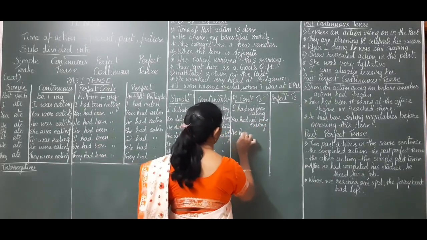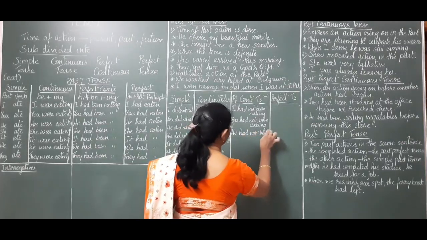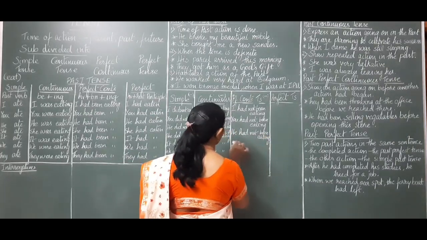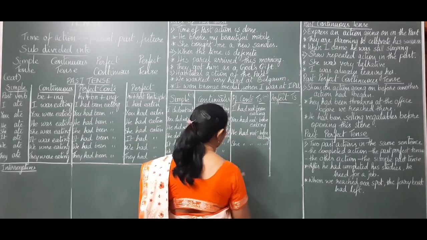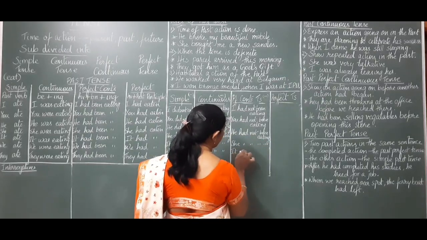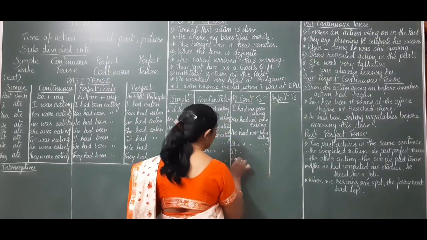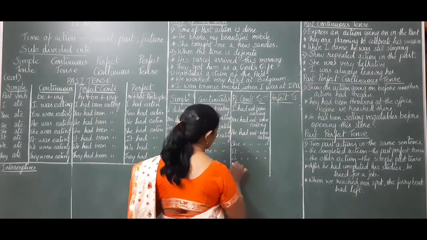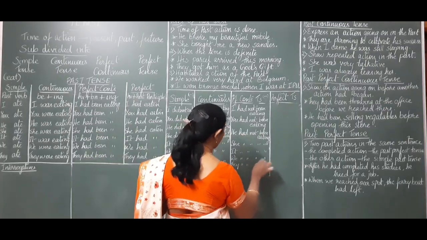He had not been eating. She had not been eating. It had not been eating. We had not been eating. Third person, they had not been eating.